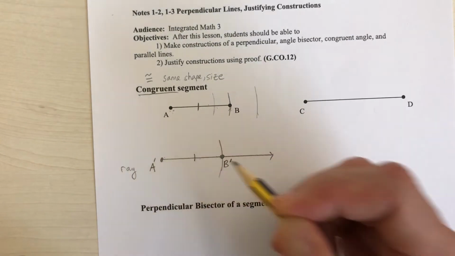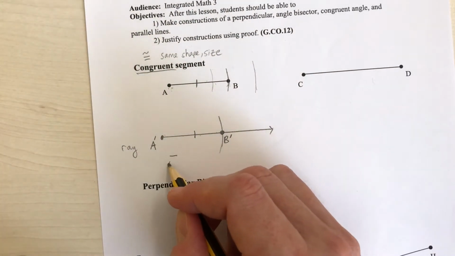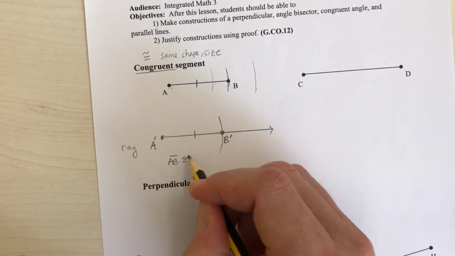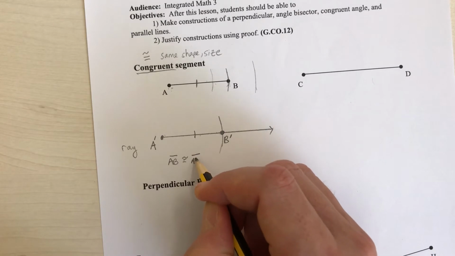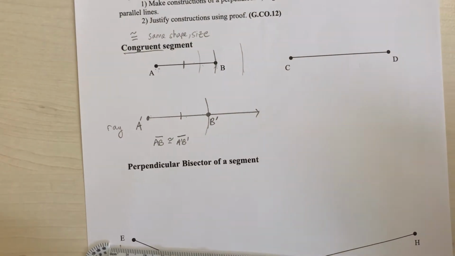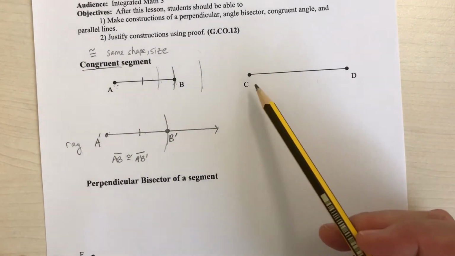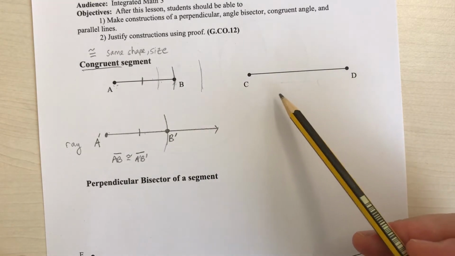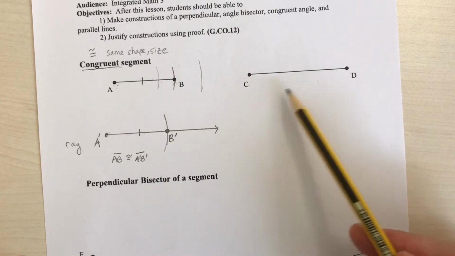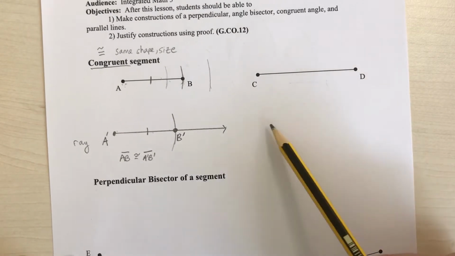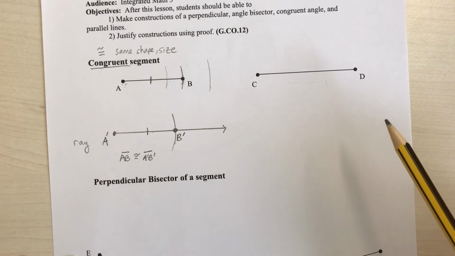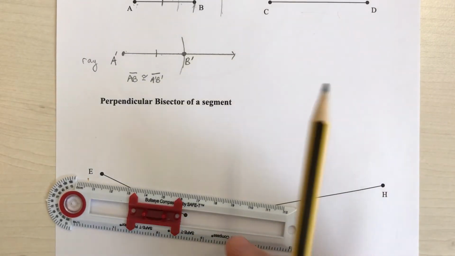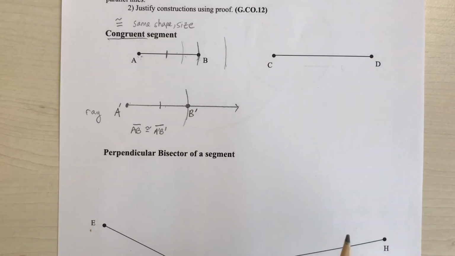These are congruent to each other, and I can say that segment AB is congruent to segment A prime B prime. Okay? Now you'll notice that I put a different segment here, CD. So if you want to practice this, you can also use what I've given you here to try to construct C prime, D prime.